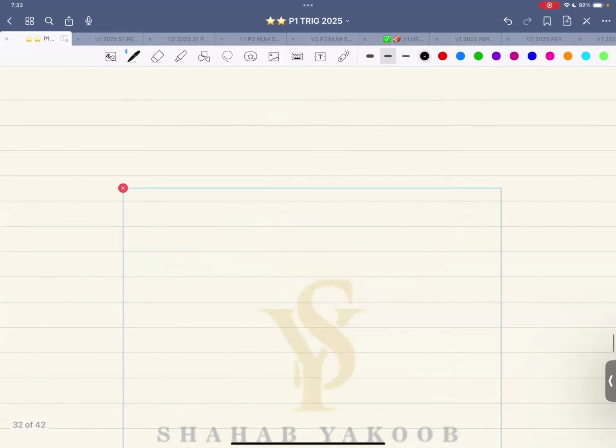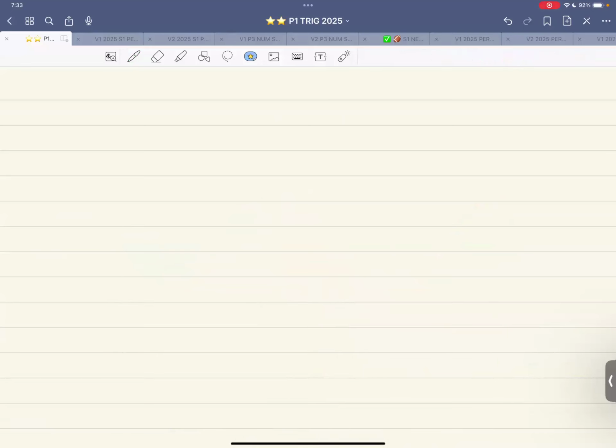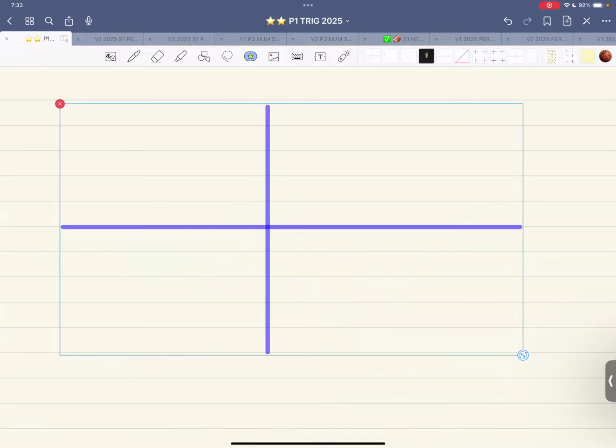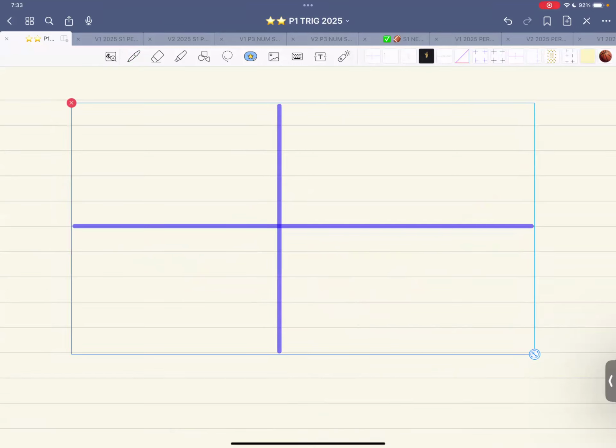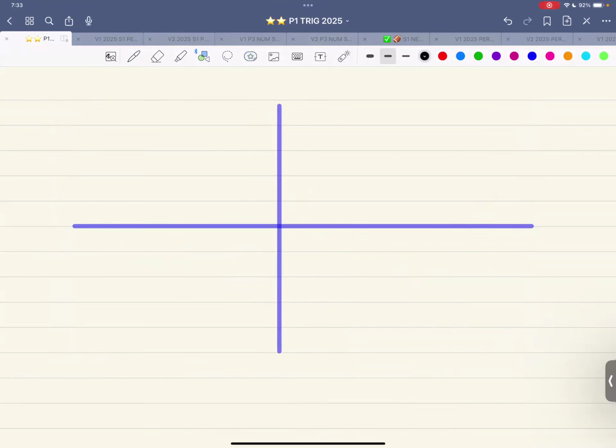Now again, let me focus on this thing and let me draw the graph of tangent. Let me first draw and then you decide from where till where I have drawn this. So now this is like this.